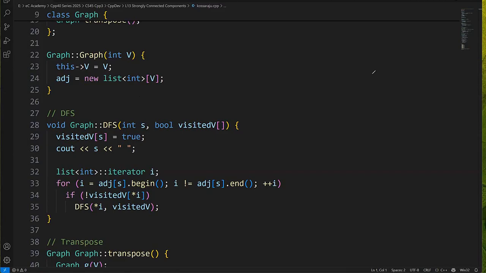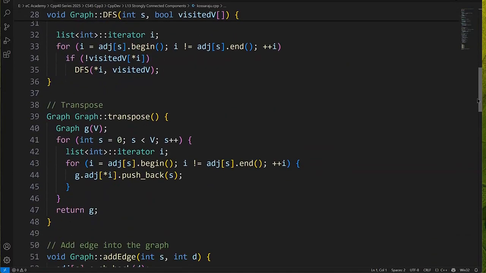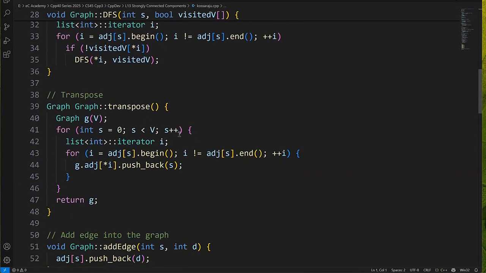After the depth first search, you will have all of the nodes that you can visit using the current node. There's another one called transpose of your graph. Transpose is to get your reverse graph.